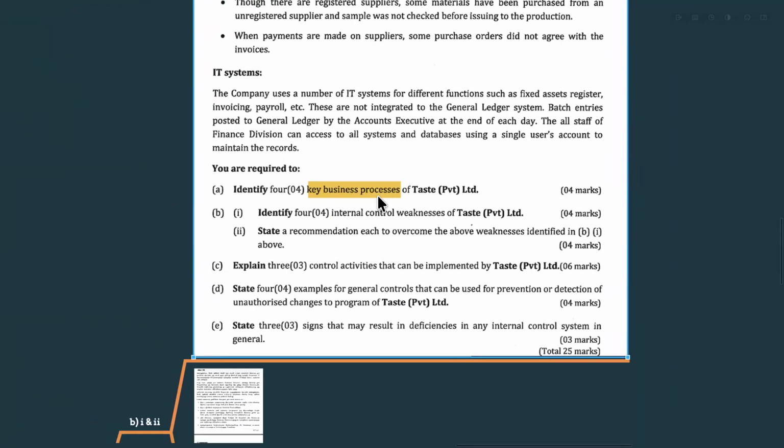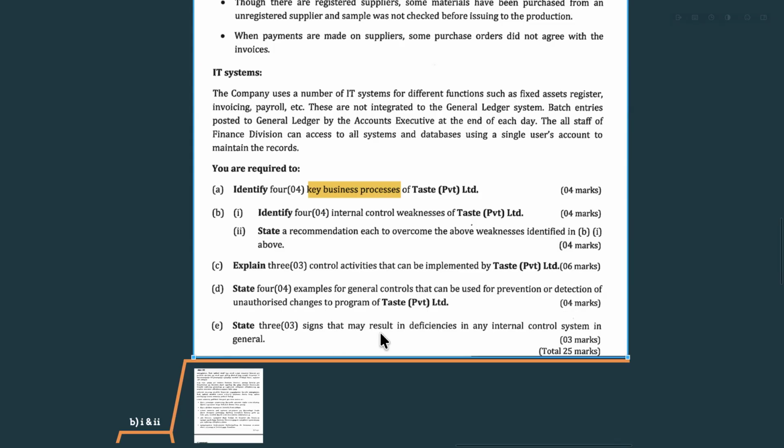You can see: identify four key business processes. We did this question already without reading the case studies. We explained three control activities that can be implemented by TASE Private Limited without reading the case studies. State four examples of general controls that can be used for prevention or detection of unauthorized changes to programs. We did this question without reading these case studies.